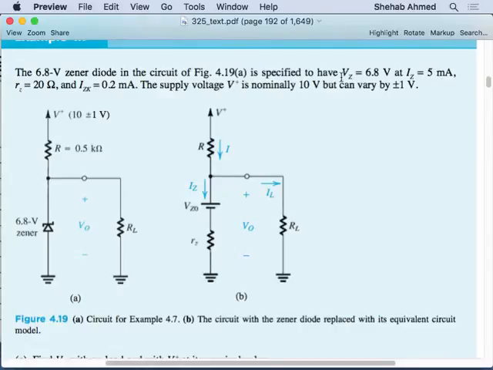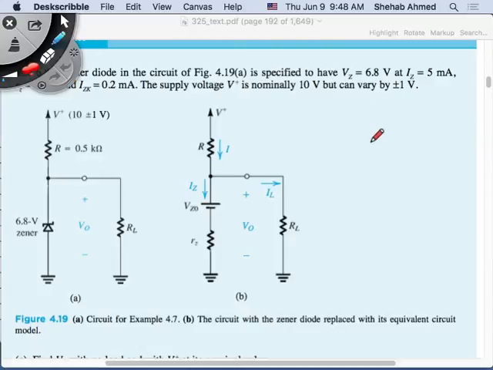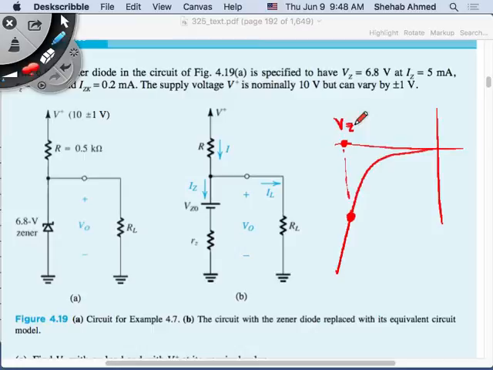Remember, these are my operating points, VZ and IZ. This is VZ, and this is IZ that they gave you. This is 6.8 volts, and this is 5 milliamps here.